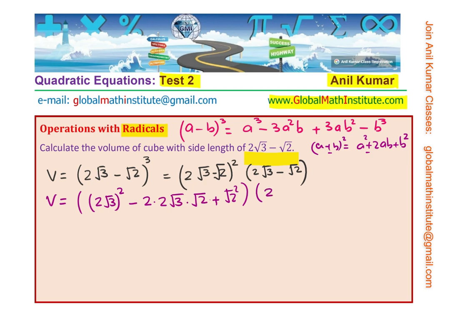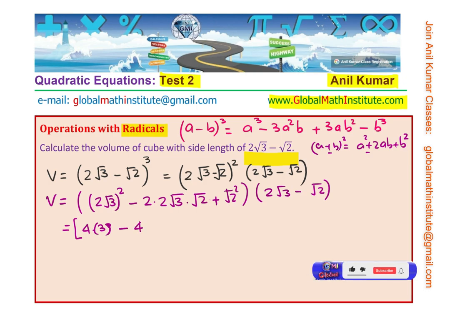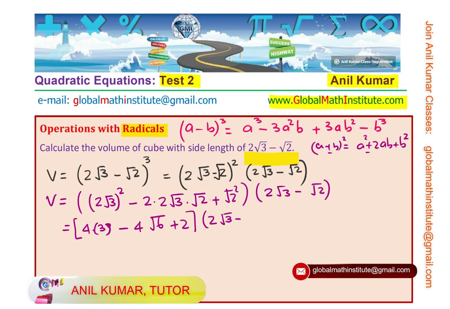Times 2 square root 3 minus square root 2, correct? So that gives you square of this. Let me put square brackets here. Square of this is 4 times 3, right? Minus 4 square root 6, plus 2, times 2 square root 3 minus square root 2.